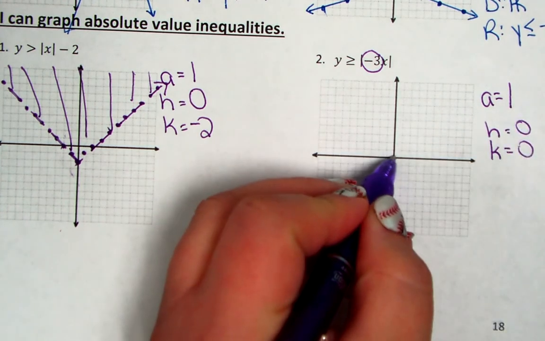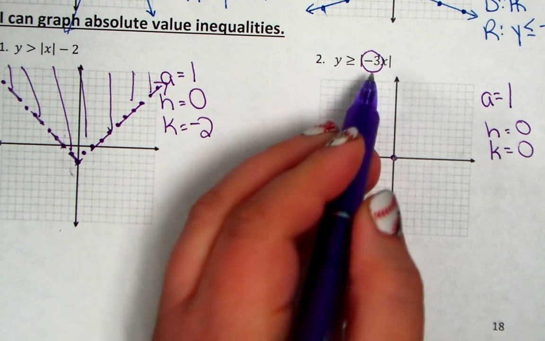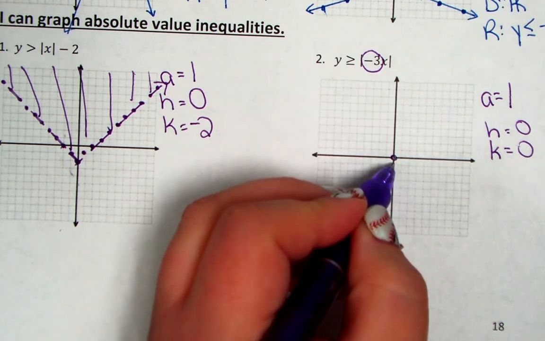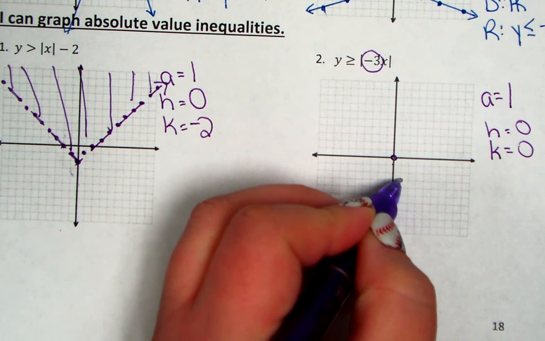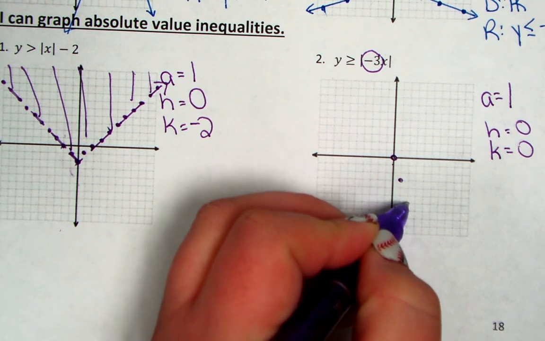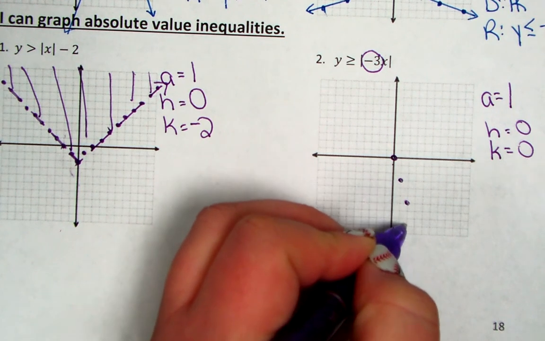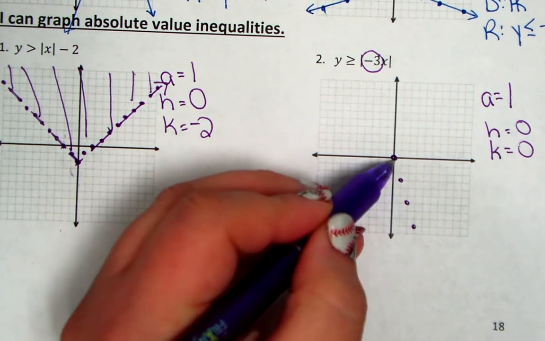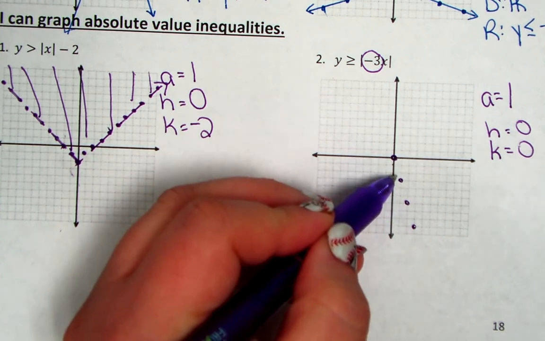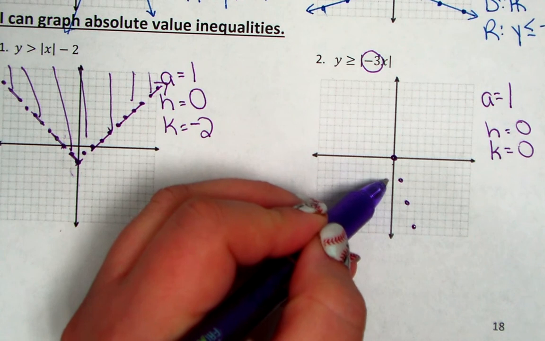So that means that I'm going to have a point at 0, 0. And this -3 will indicate that I'm going to go down 3 and right 1. Down 3 and right 1. Then to get the other half of my V, I'll need to move down 3 and left 1.